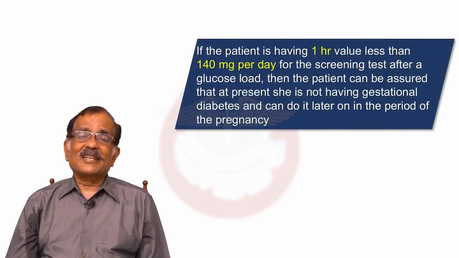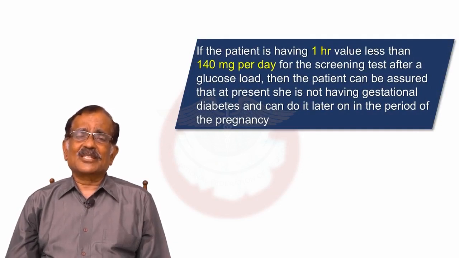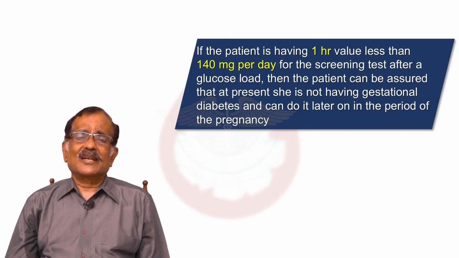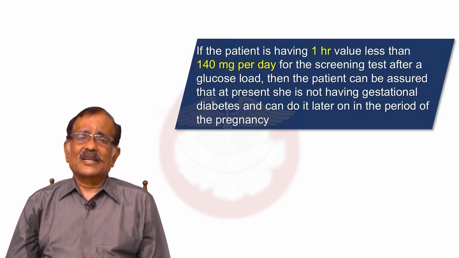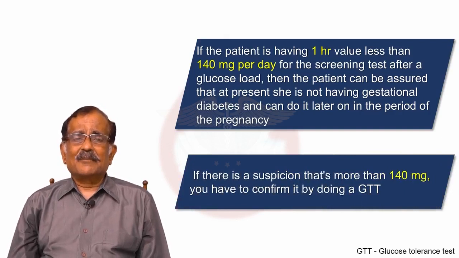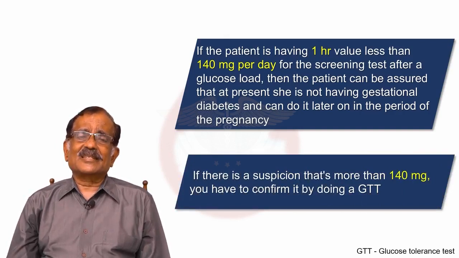If the patient is having less than 140 milligram percentage, this 1 hour value in the screening test after a glucose load, then the patient can be assured that at present she is not having gestational diabetes. You can do it later on in the period of the pregnancy. And once the screening test raises a suspicion with more than 140, the next question is you have to confirm it by doing a GTT.